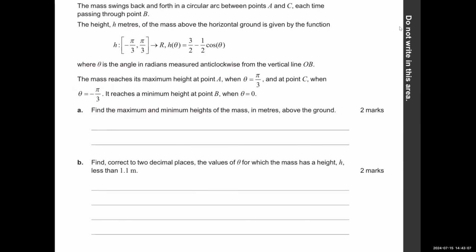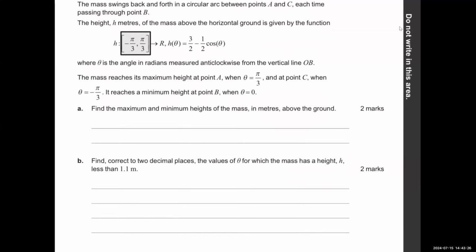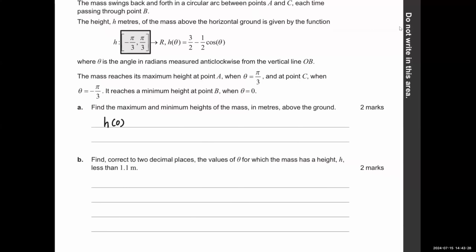Well, in terms of the circular function, you get so used to C plus A, C minus A. But in this case, you have to be very careful because this domain restriction is not like a full cycle or full period, okay? So the lowest point must be in the middle where theta equals 0. h of 0 equals 3 over 2 minus half cosine of 0, and that is 1.